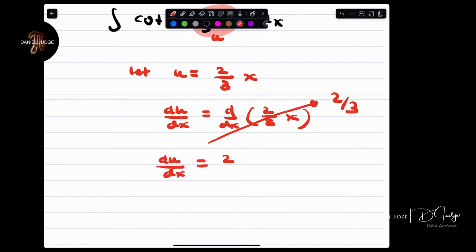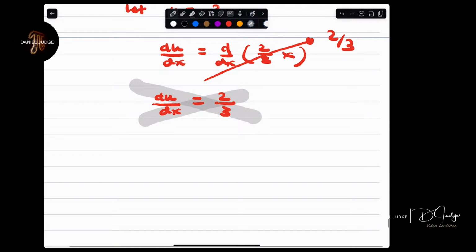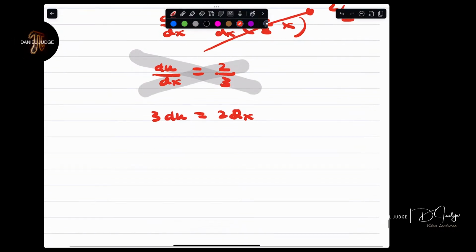Let's see how that works now. With du dx, we create a proportion and cross multiply. So you end up with 3 du is 2 dx. Solving for dx, I apologize, we get 3 du over 2 equals our dx.